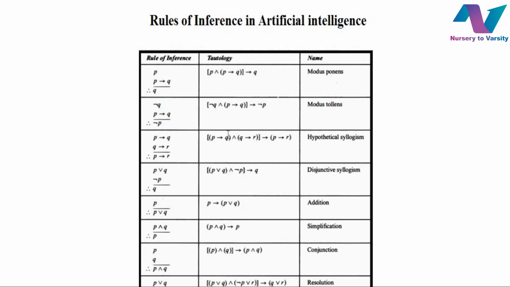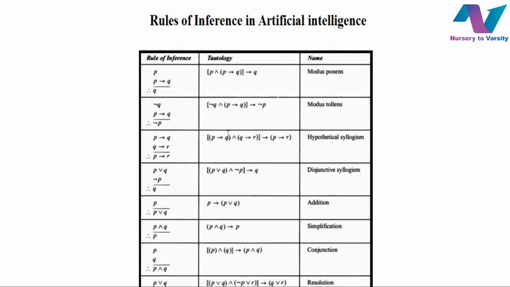Inference rules are applied to derive proofs in artificial intelligence, and a proof is a sequence of conclusions that leads to the desired goal. So here we have a table which shows the rules of inference, their tautology form and their name.